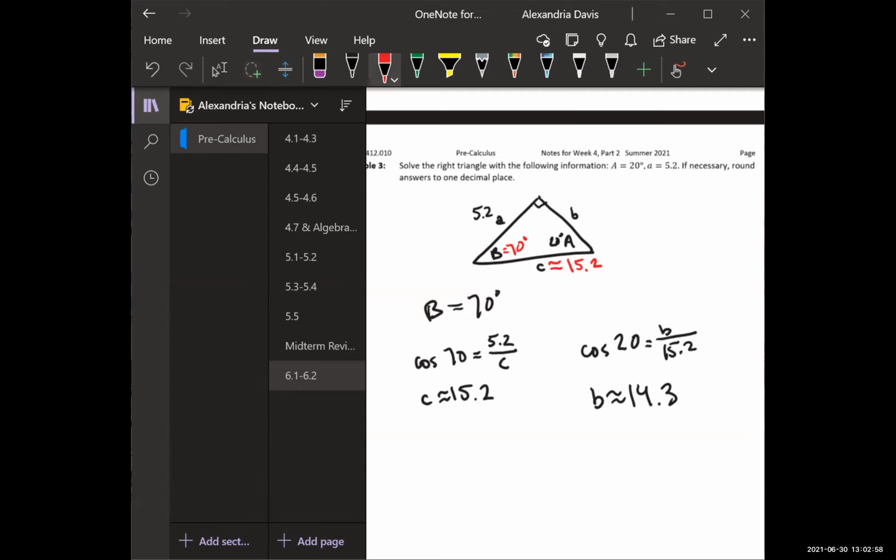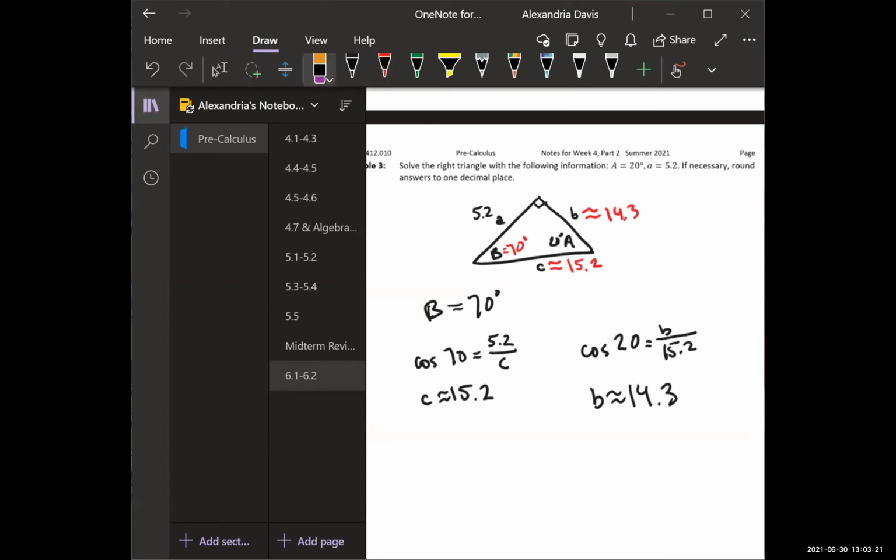angle B, which I have to write here. So 5.2 divided by cosine of 70. Very good. And yeah, how did you find side b? You used the cosine of 20?